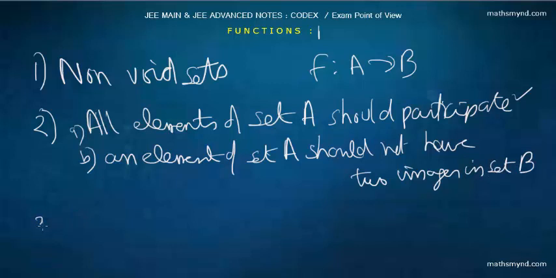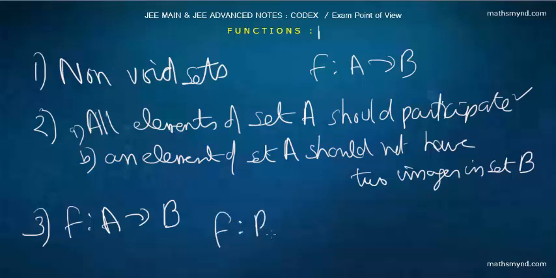And the third one is that here we dealt with all the cases of functions where the sets were well defined. What if the sets are not well defined? In such a case, we deal with a real valued function as a function between sets of real numbers. Thank you.